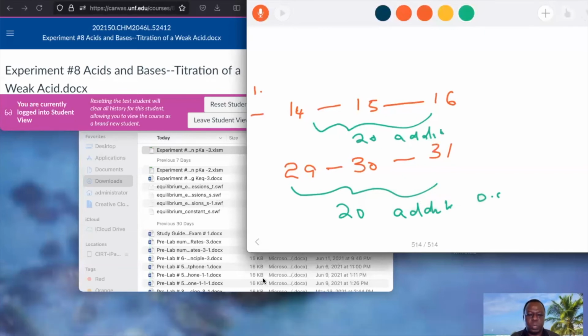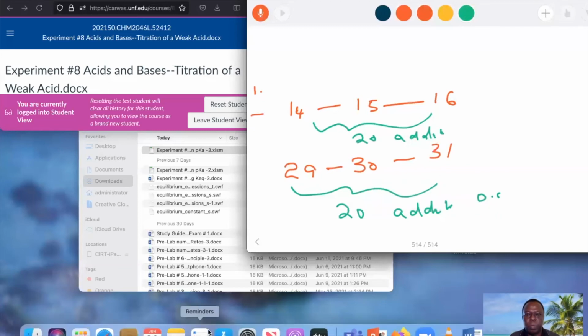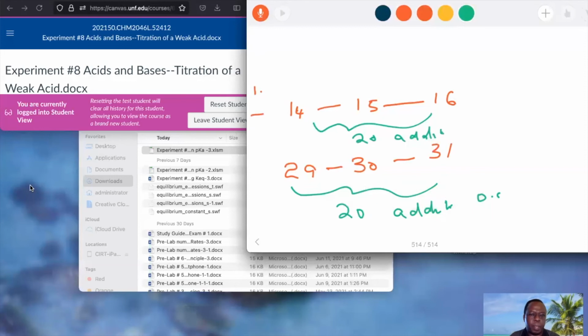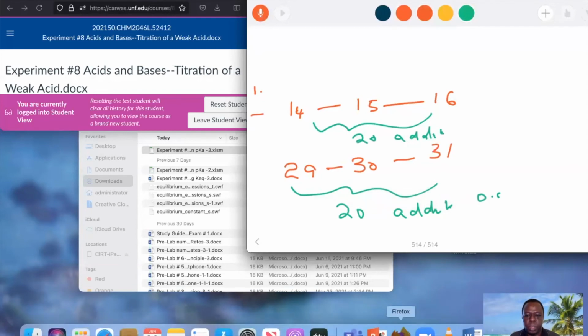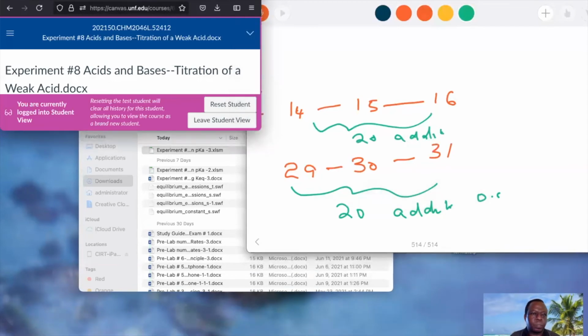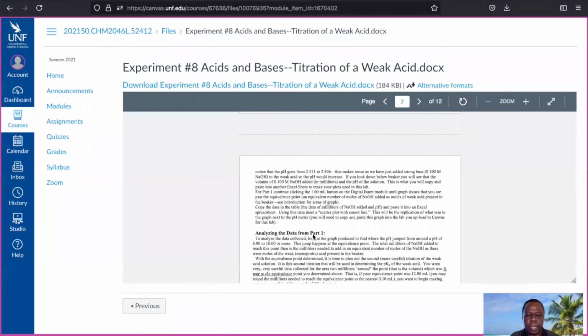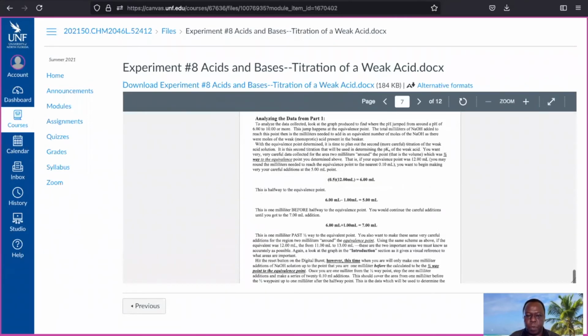So that is what you will do for the half equivalent point, and that will make sure that things are working. For part B, you will now use these two values to calculate the equivalent point.